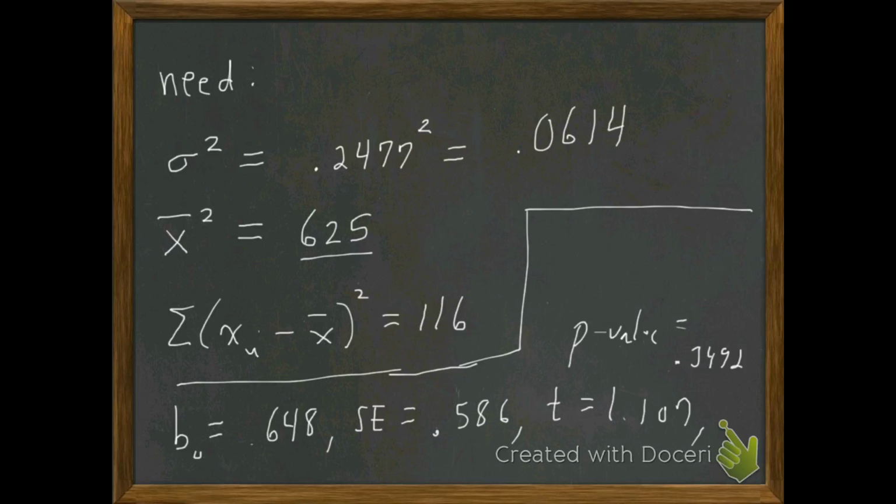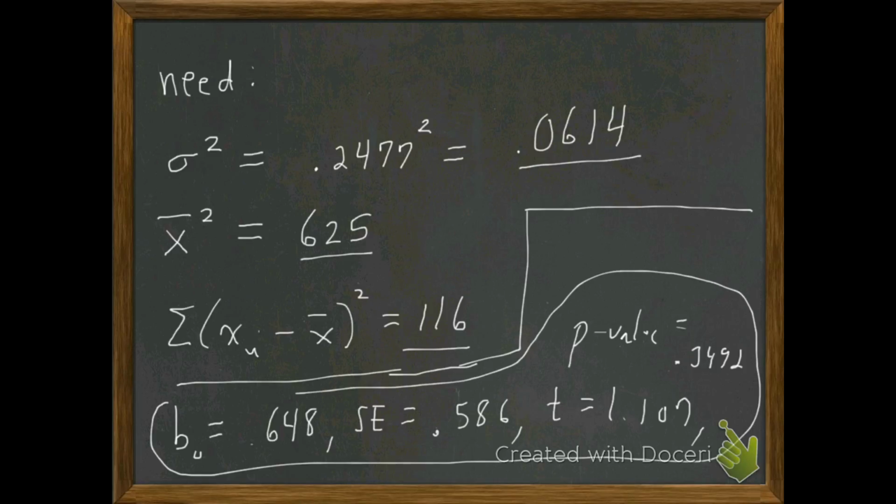So we got 625, 5.0614, 116. And then these values down here, I want those here just so we can refer back to them, because what I'm going to be doing here is showing you how we conduct inference, which, anytime we conduct inference, we're talking about the test statistic and the p-value. Hopefully we understand that by now.